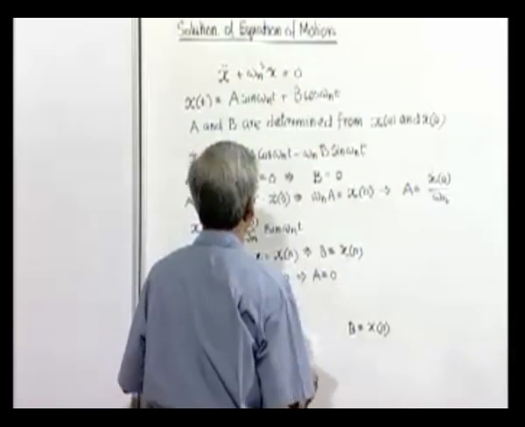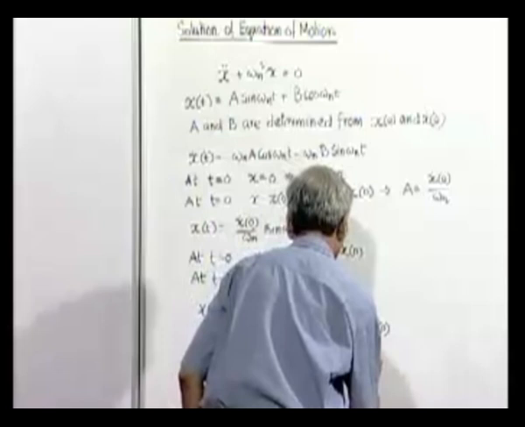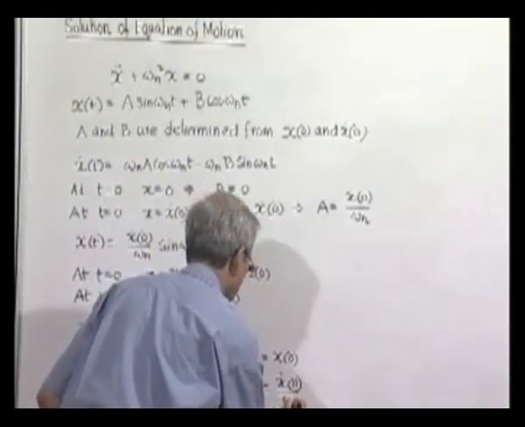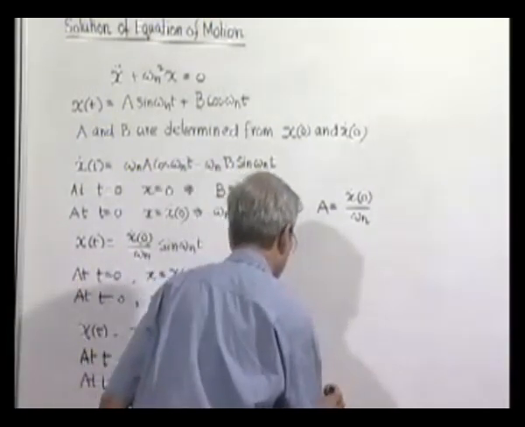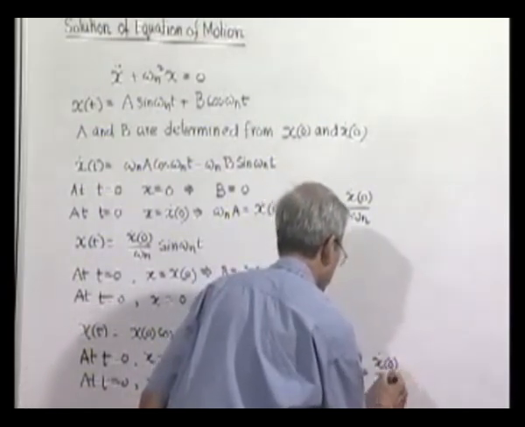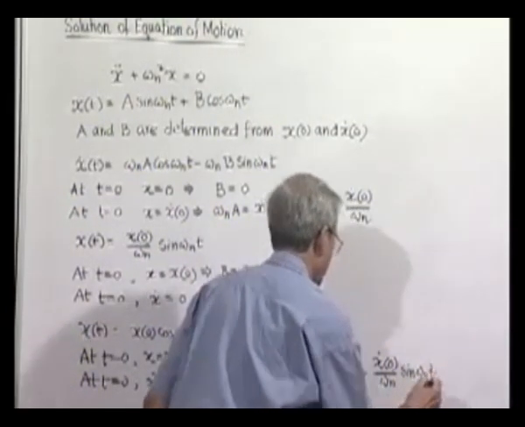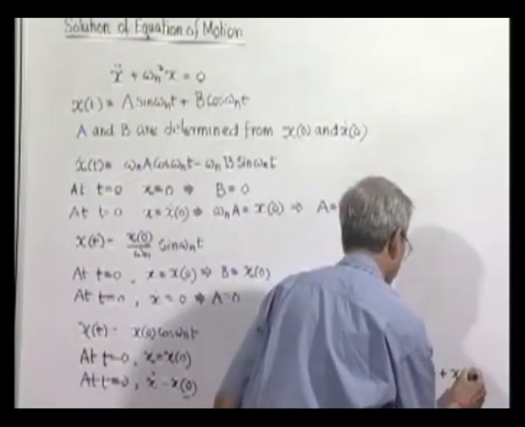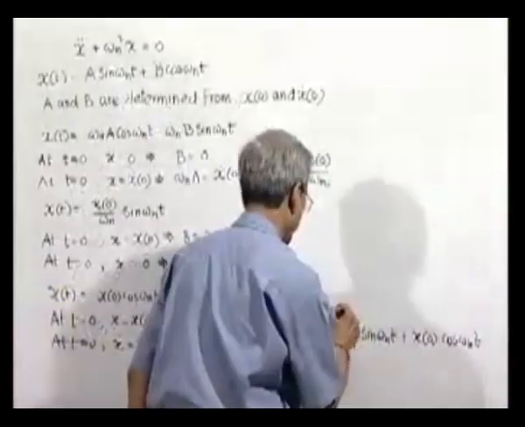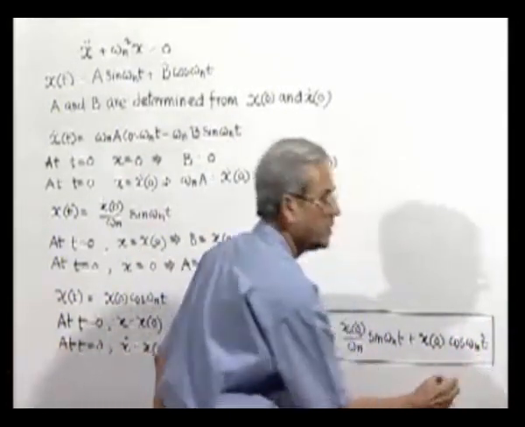Similarly, from this is 0, this is omega n a is equal to, and the solution is finally, this will be the most general solution.